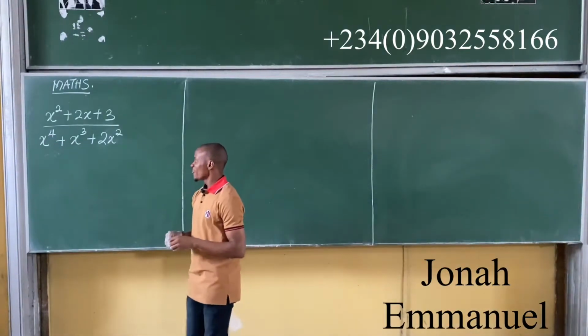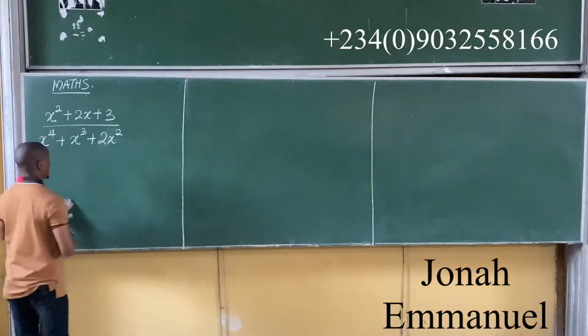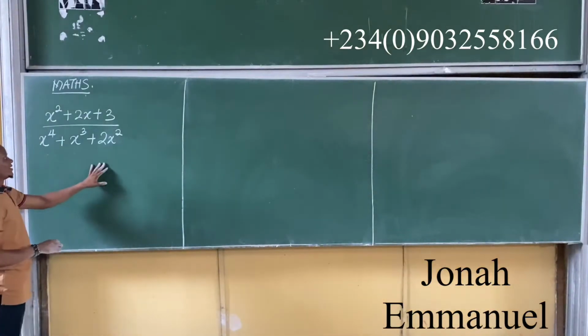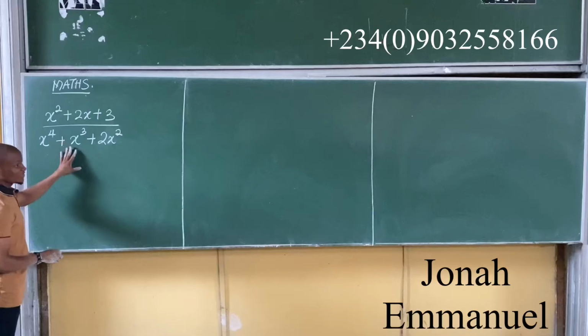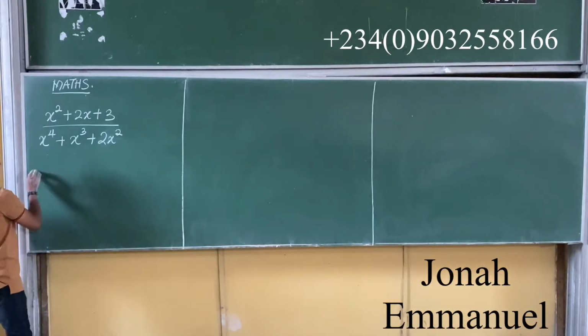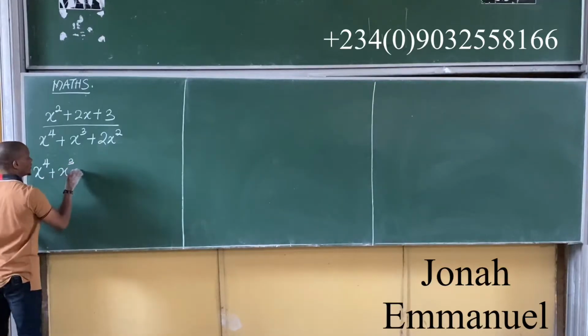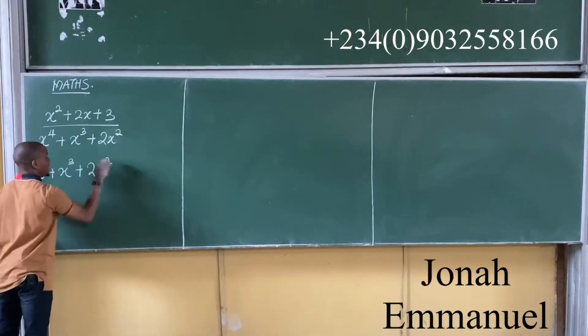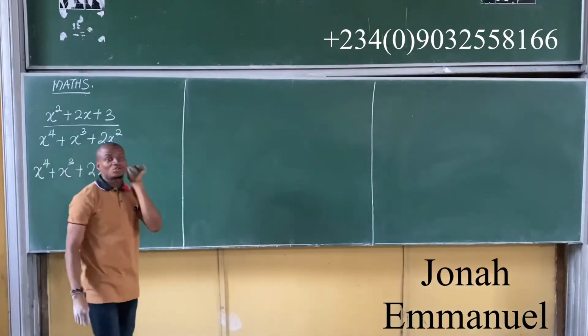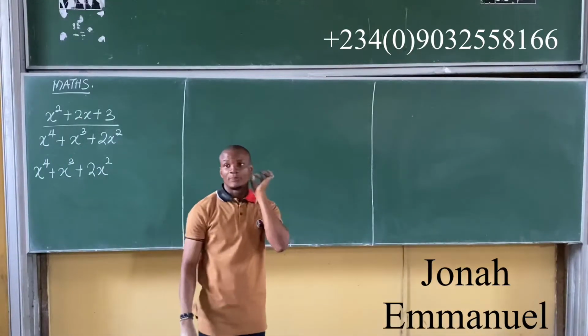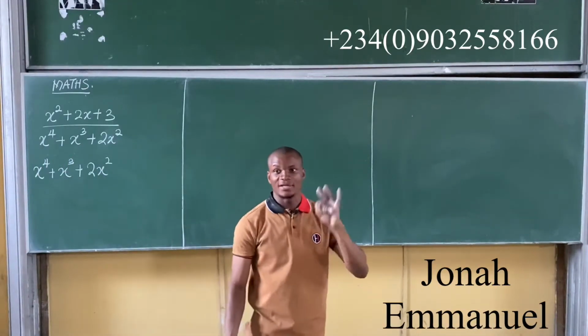Alright, so my first task here is to consider the denominator as usual. So this will now give you x power 4 plus x cubed plus 2x squared. Now usually what you should use here is what we call the polynomial concept, testing for roots.